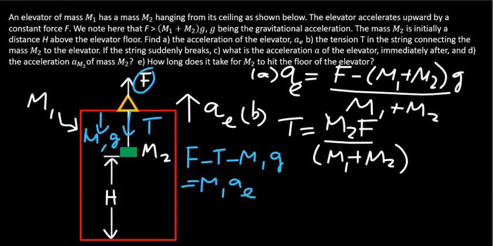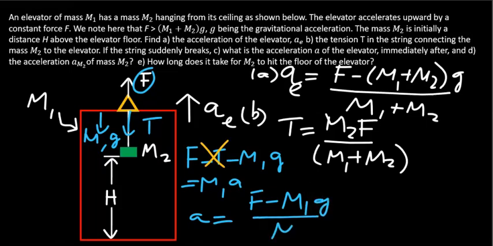Remember that? Now, suddenly, if the string breaks, what happens to the tension? It goes away. And this would change. So you can take the new acceleration now to be, say, a. Now, rearranging the equation, we get acceleration being F minus m1g over m1, which is just F over m1 minus g.